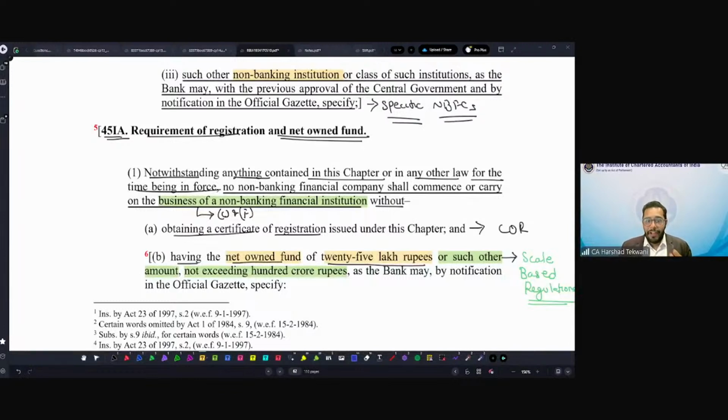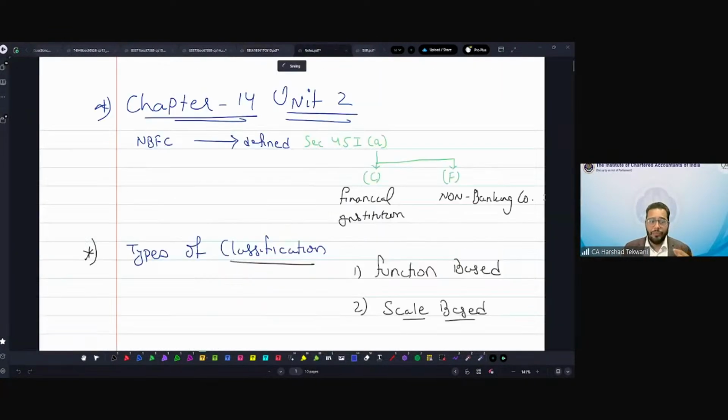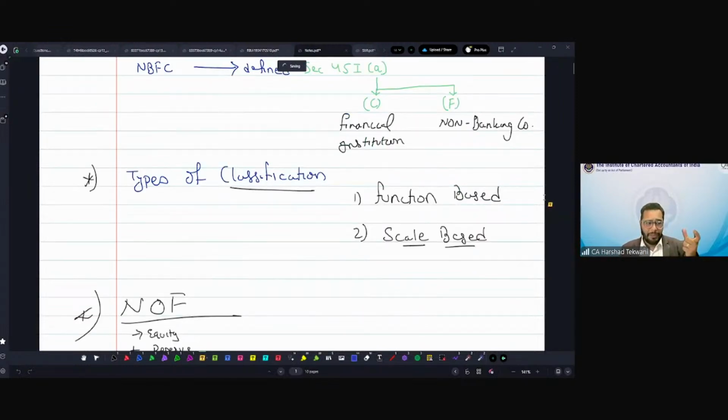So there is a definition of this principal business also by way of a notification. Now, what is this principal business notification? And again, that comes under something related to the function based. Now, when I talk about this principal business, that is to have financial assets more than 50% and financial income more than 50%.